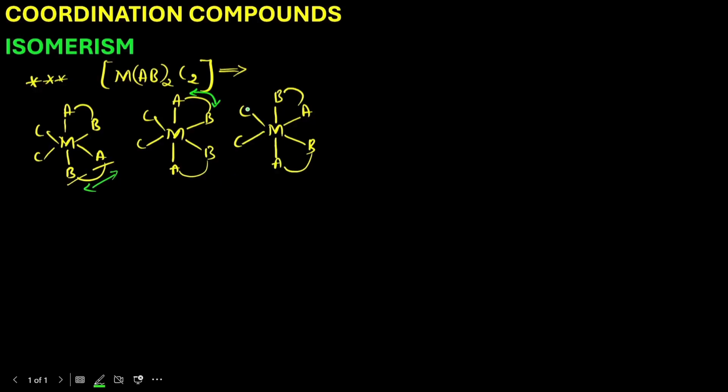Now we will send these two ligands to the opposite direction. What happens? This comes here and this comes here. So here we will have the metal, here C, and here A, B, and here A and B. Now we will interchange these two.